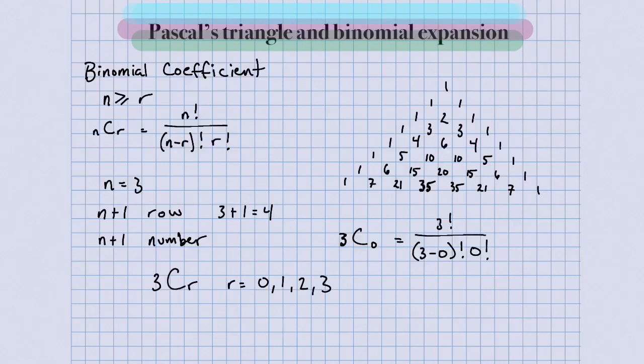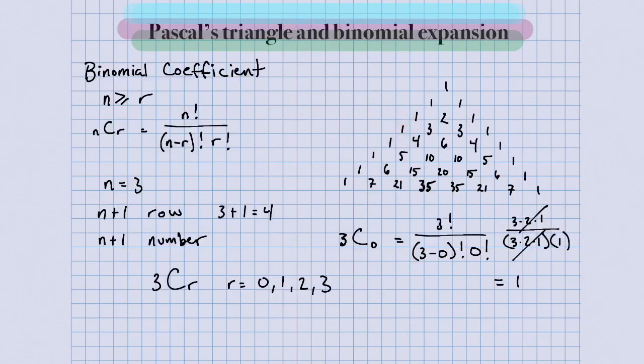Okay, so we have 3 times 2 times 1 over 3 times 2 times 1 times 1. These cancel out. What we're left with is the number 1. So 3 choose 0 equals 1. And what that means is this 1, that's going to be this number 1 right here.